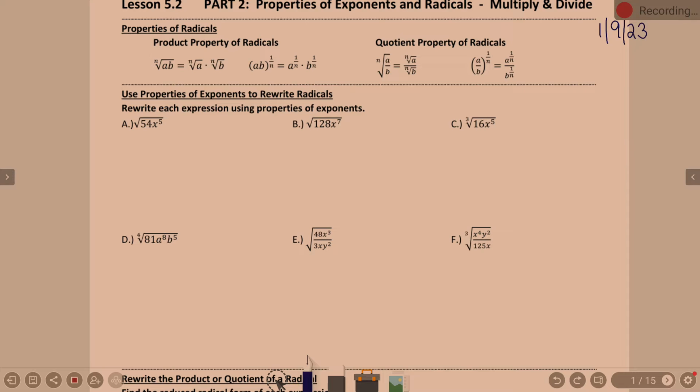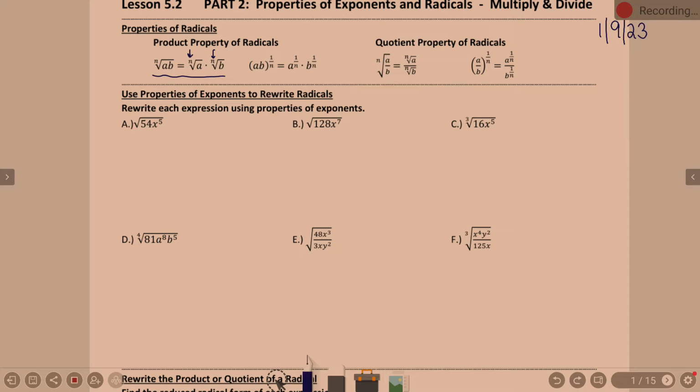Okay, so you've got two basic properties up top. We've got the product property, which what I want you to look at is right here. That's basically saying that you can multiply radicals as long as the index is the same. So you can multiply a square root times a square root, a cube root times a cube root, a fourth root times a fourth root.